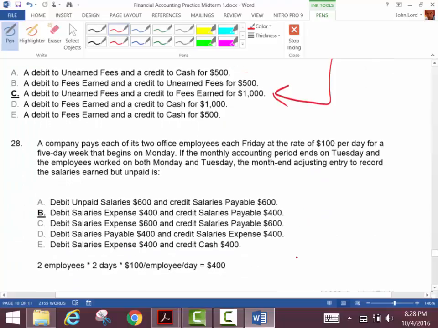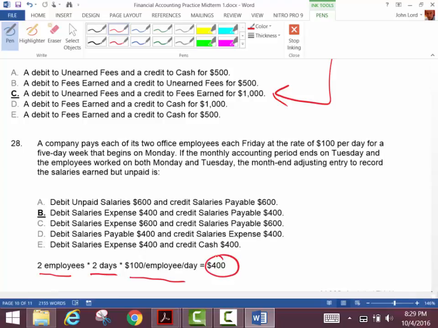28. A company pays each of 2 office employees each Friday at a rate of $100 per day for a 5-day week beginning on Monday. If the monthly accounting period ends on Tuesday and the employees work both Monday and Tuesday, the month-end adjusting entry: 2 employees, how many days? Monday, Tuesday, 2 days, $100 each. That means those people earned $400 those first 2 days of the week.